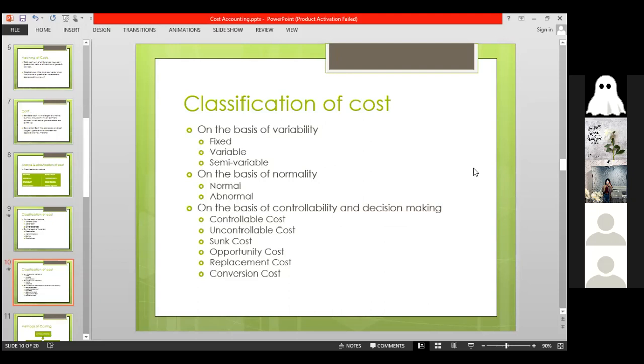Then there are semi-variable expenses. Semi-variable expenses are, as I told you before, something that has a fixed and variable component. For example, your utility bill for any business or any house includes a fixed component. That is, your utility bill will never be zero. Even if you keep your house closed, your utility bill will still have some amount of money to it.